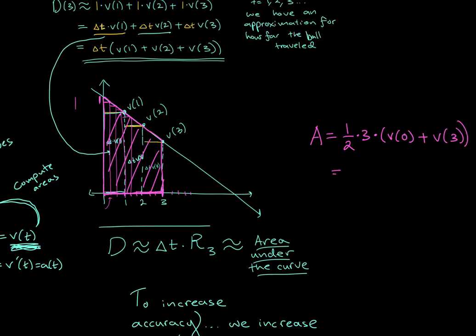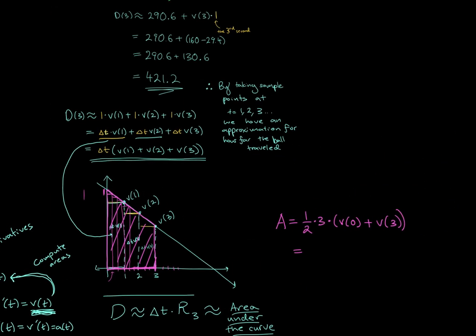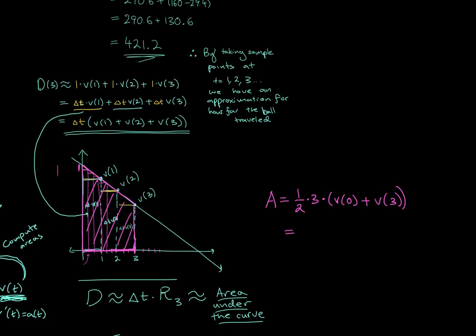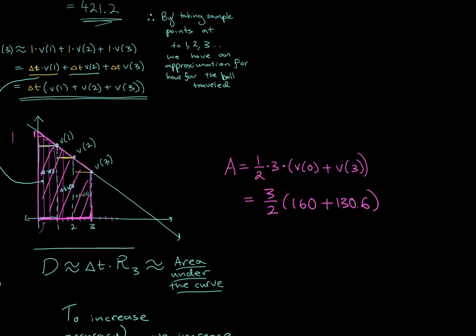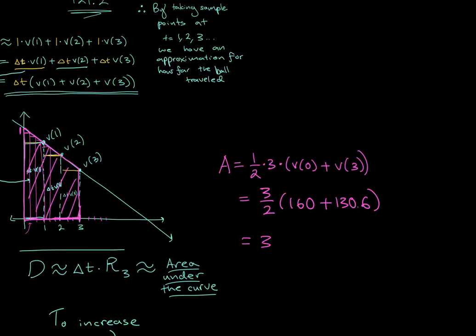And of course, I think I've calculated these already. I hope I have. Yeah, so that would be 160. Oh, sorry. That would be 3/2 of 160 plus 130.6, I think. Okay, so that's the same thing as 3 times 80 plus 65.3.